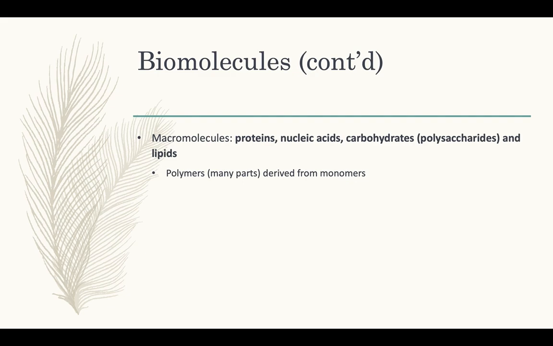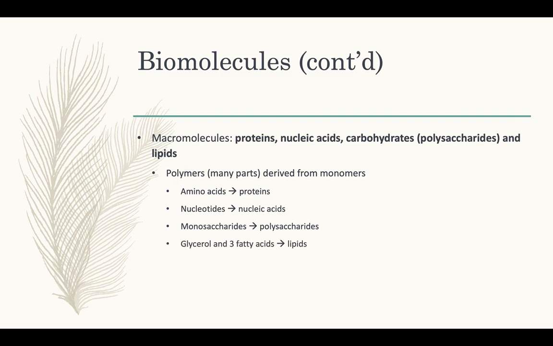They are derived from monomers: amino acids to proteins, nucleotides to nucleic acids, monosaccharides to polysaccharides, and glycerol and three fatty acids to lipids. As we go along, we'll be discussing each of these one by one.